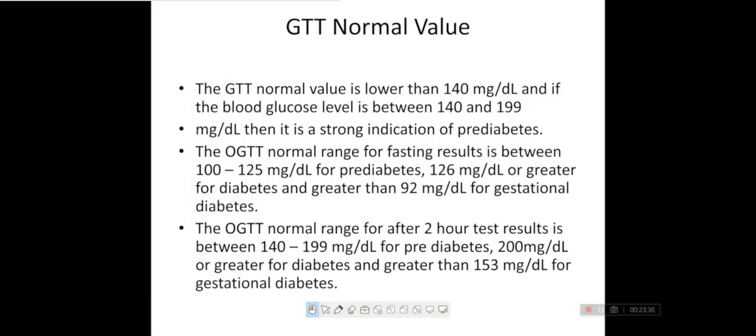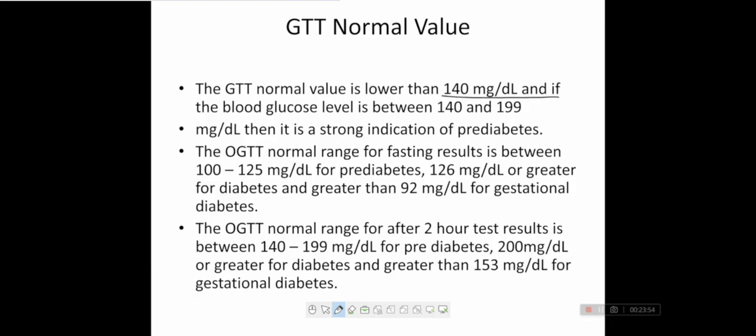Now what is the normal value of the GTT? The GTT normal value is lower than 140 mg per dl.